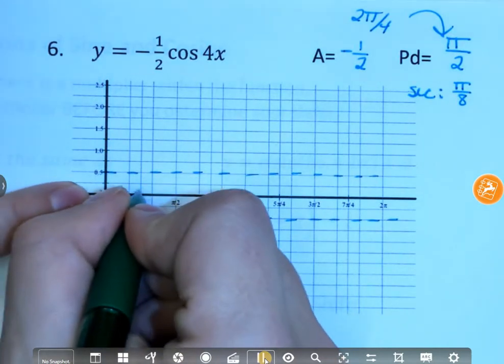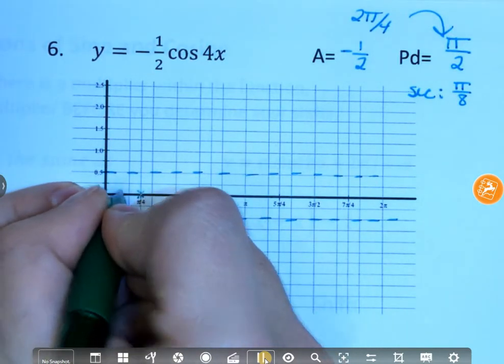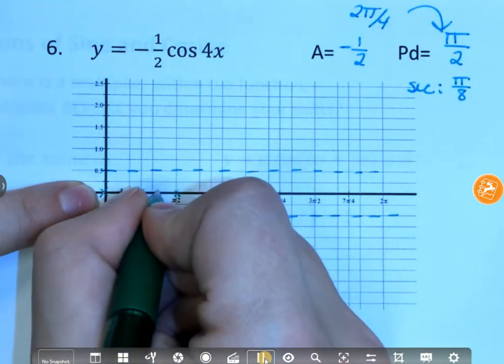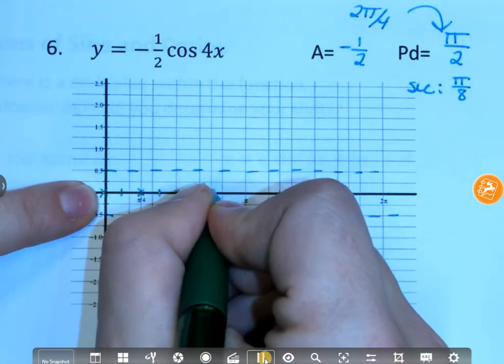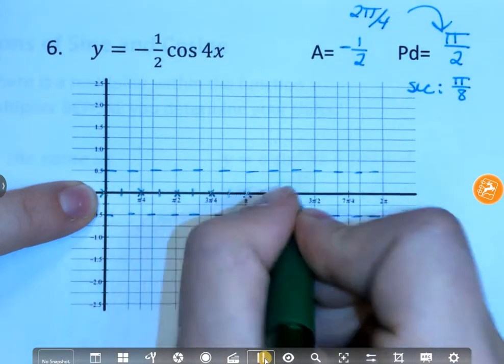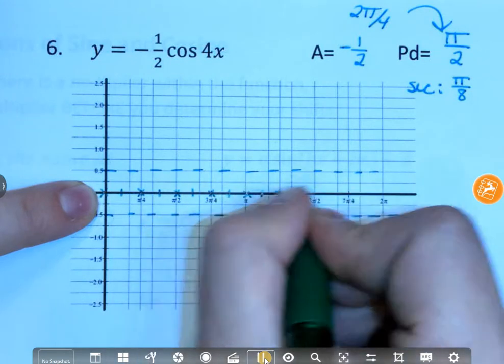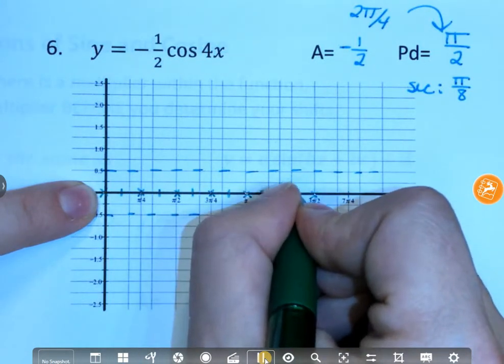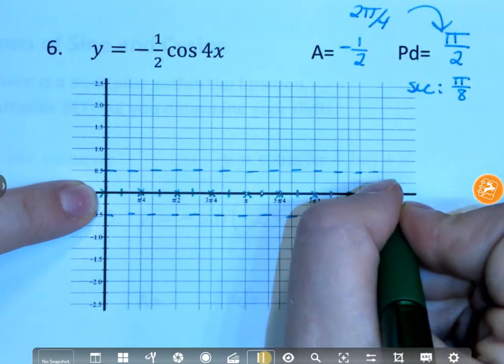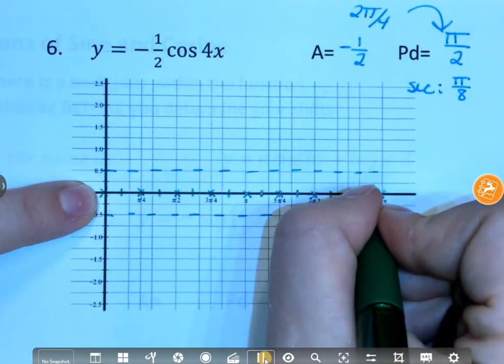So that's 0. That's pi over 4. In the middle is going to be your pi over 8. Pi over 2 in the middle. 3 pi over 4, middle. Pi, middle. So just kind of be putting a point in the middle of those. Not on that other line, because that other line is pi over 6s, or pi over 3s.